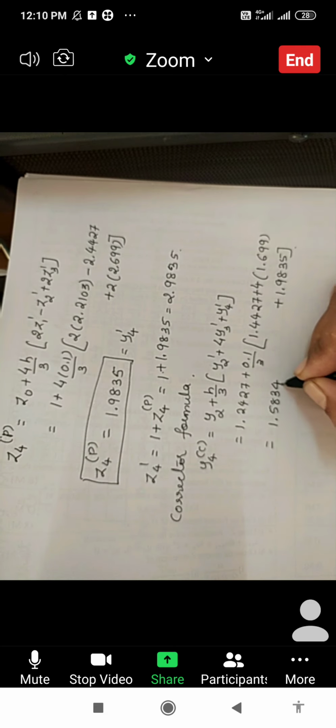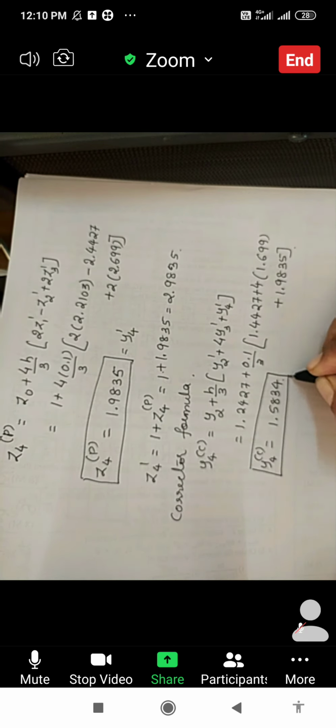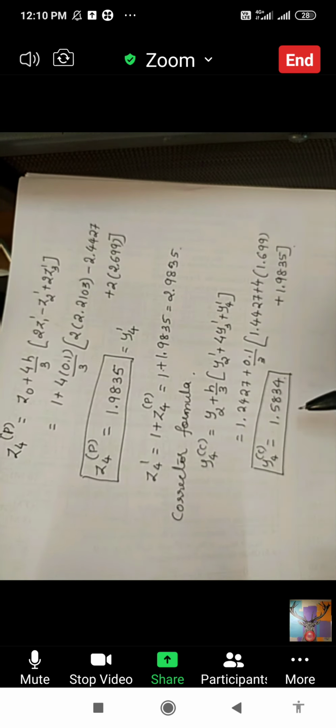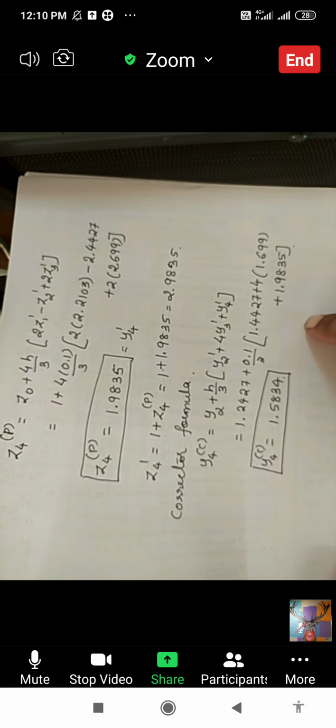Shall I make it as 4 now? Then finally, this is the corrected value of Y4. See, that's what I said. When you get a larger difference, you go back to the calculation and see where you have made a mistake. The predicted and corrected value difference will be very little.